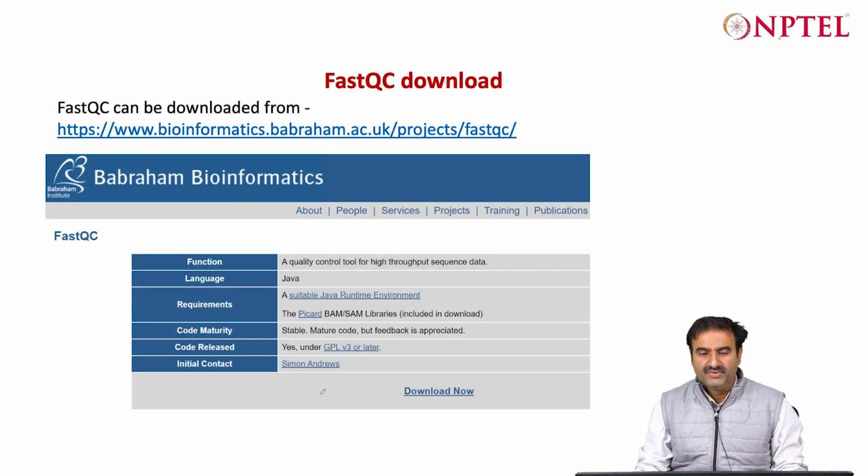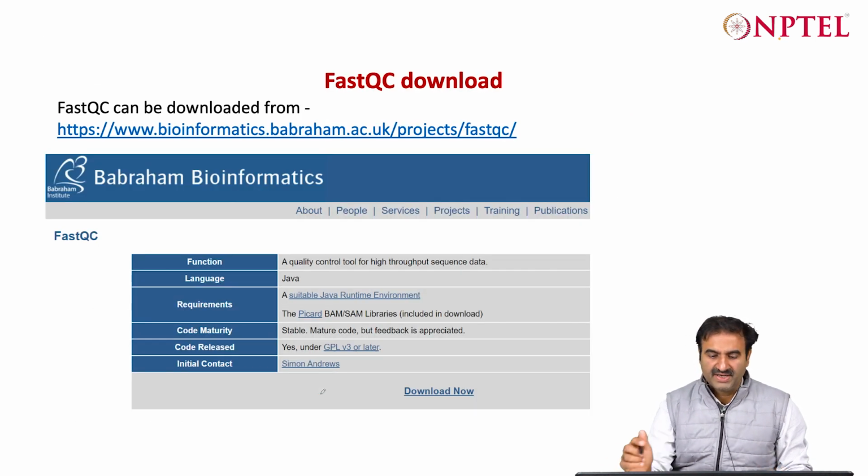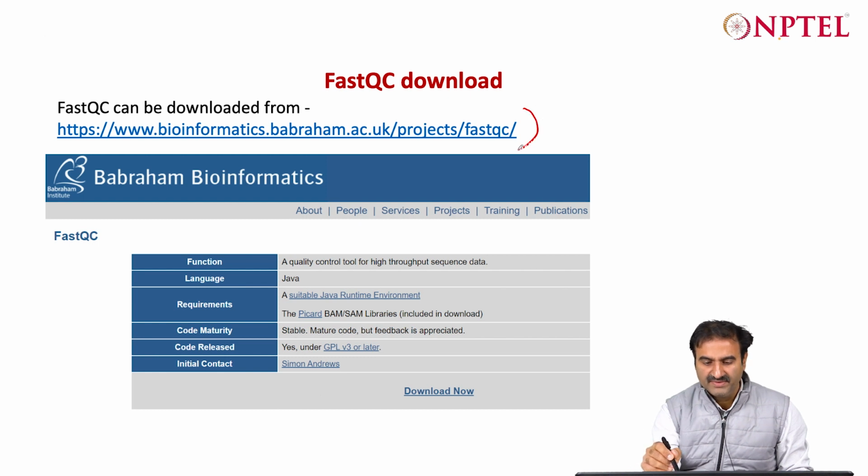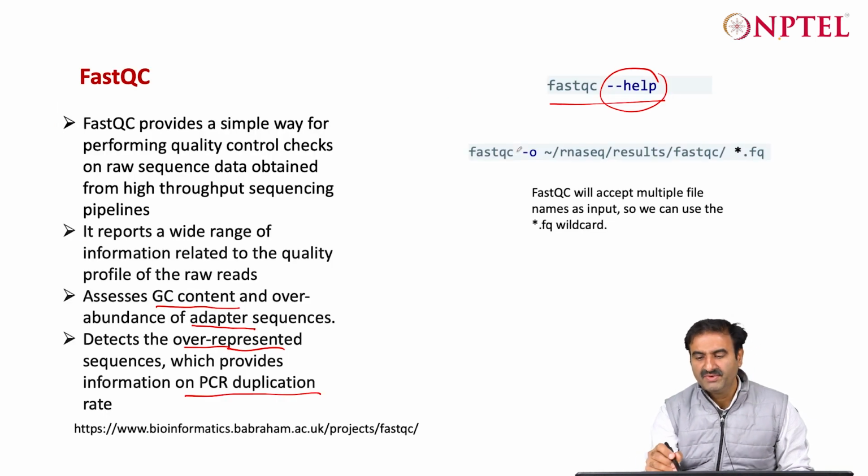Okay, so this is the FastQC tool. It can be downloaded from this site, and all the instructions to download will be available once you download the package and unzip and untar it. There will be a readme and an install file, which will help you run these commands. But the basic command that we will be running is fastqc, then the output file name.